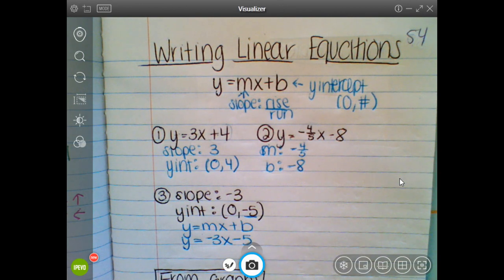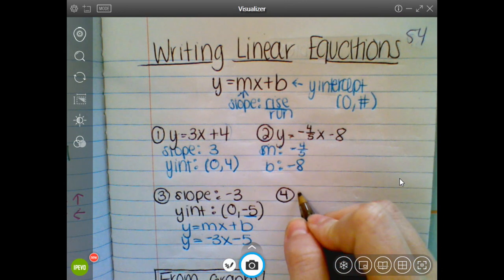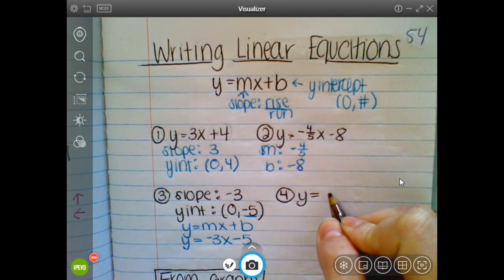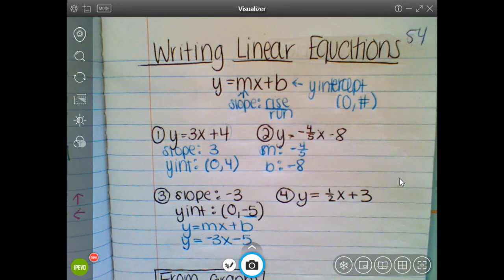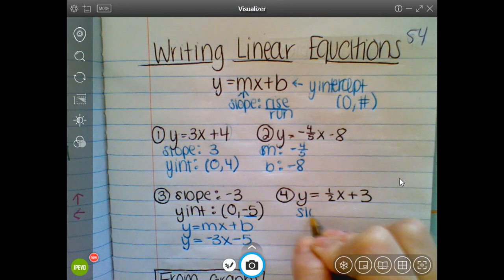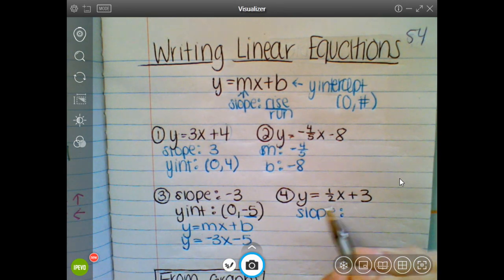Now, very closely related to 2, they can also, instead of writing slope and y-intercept, they can say, okay, y equals 1/2 x plus 3. And they can say, find the slope, find the y-intercept, etc. And I would say, okay, my slope, y equals mx plus b, so it's 1/2.